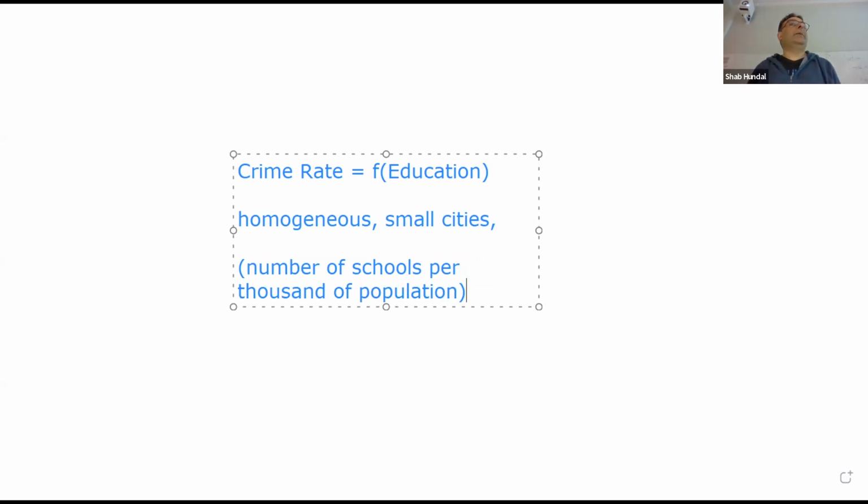So sometimes, because of the lack of theory, number one, and secondly, the lack of knowledge about these statistical techniques, we end up making a wrong inference. More schools is a fact in the big cities. It's also a fact that there is a higher crime rate in the big cities. So we may end up with a very bizarre conclusion.